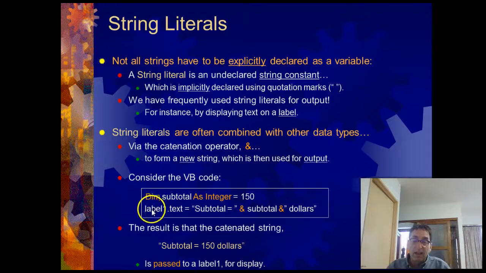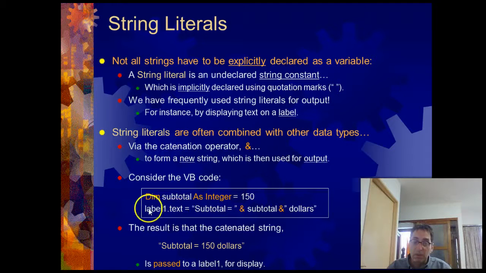And then we do this: Label1.Text, so we have some object called Label1, we take its Text property, equals, now don't get confused here, here's a quote and a quote, so this is a string, concatenated with Subtotal, which was set to be 150, so this is going to be 150 here, and then a quote and dollars.